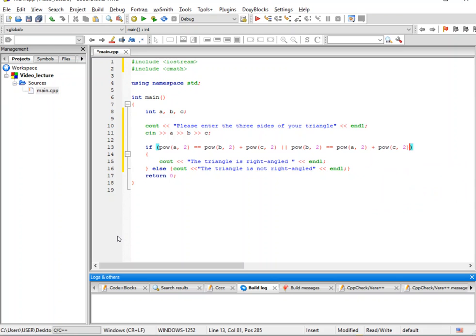So if this is also valid, we should still print out the triangle is what? Right angled. We should print out the triangle is right angled.